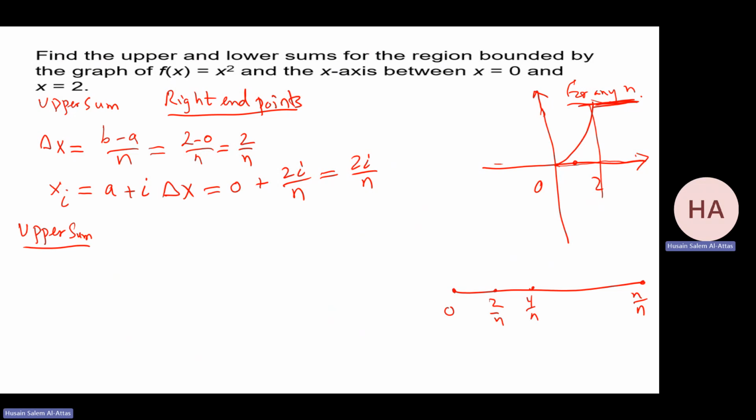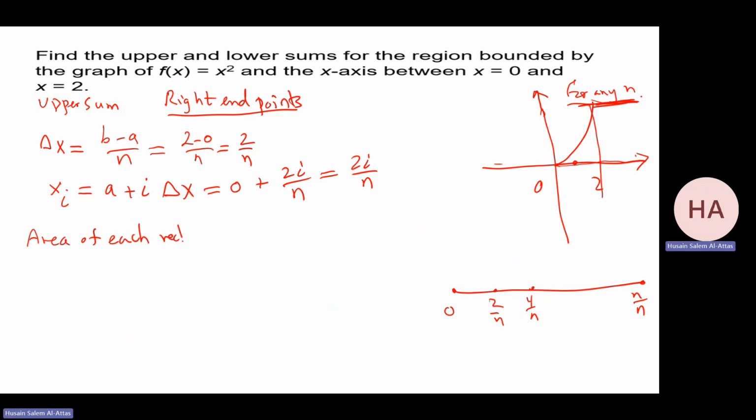Why is it the upper sum? Since the function is increasing, it will be delta x. What will be the height of each rectangle, or the area of each rectangle?